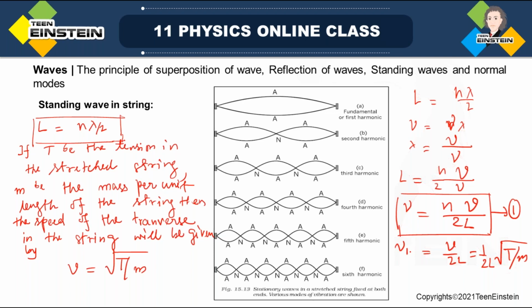These various frequencies are called modes, or various natural frequencies. Those are called modes of vibration, frequencies of modes of vibrations.